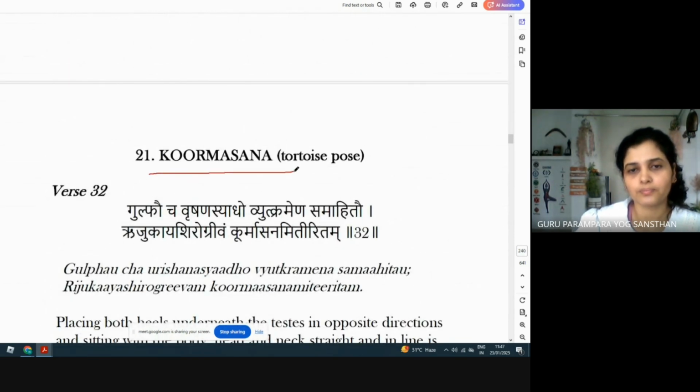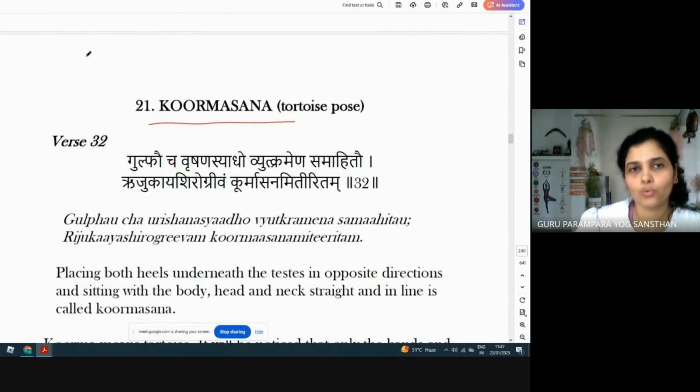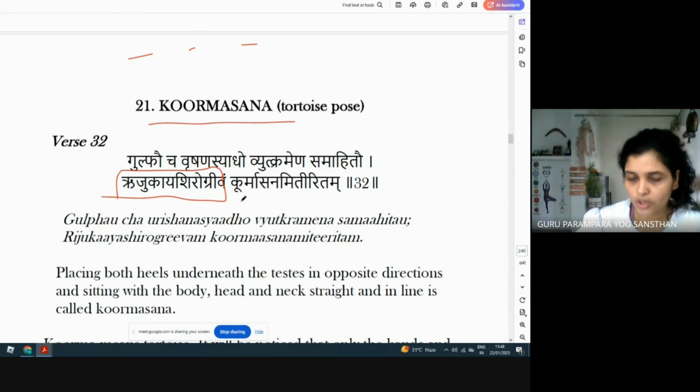Kurmasana. So Kurmasana is also there. Gulphau cha vrishanasyadho vyutkramena samahitau, rijukaye shirogrivam. Remember this word. We have already completed rijukaye samasi and shirogrivam.